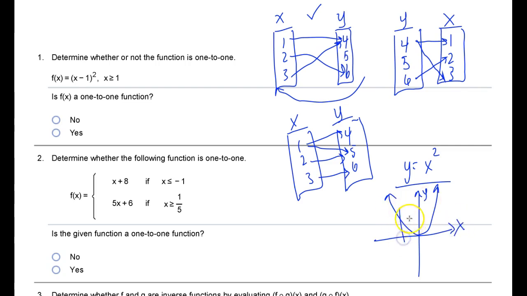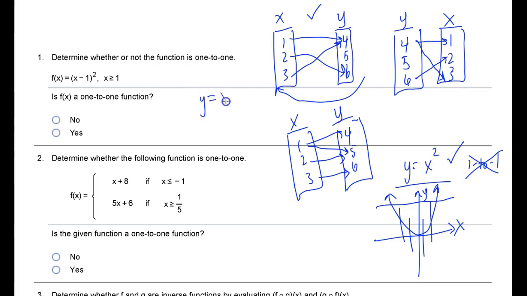X squared does pass the vertical line test because any vertical line would intersect the graph only once, but it does not pass the horizontal line test because we have two places where a horizontal line would intersect the graph. So although this is a function, it is not a one-to-one function.